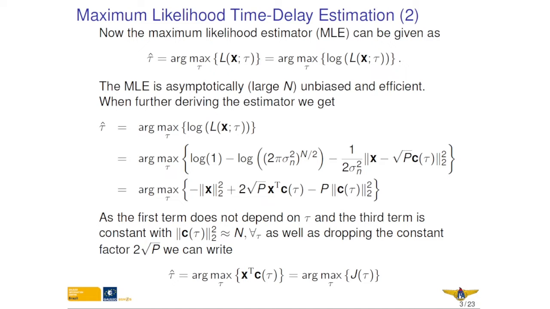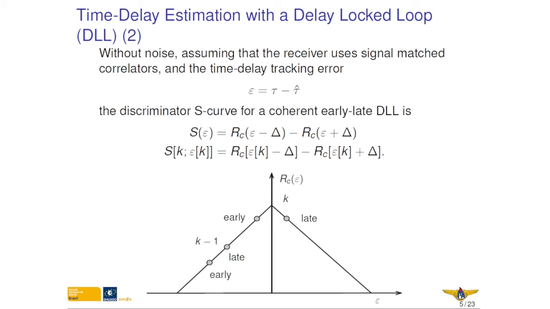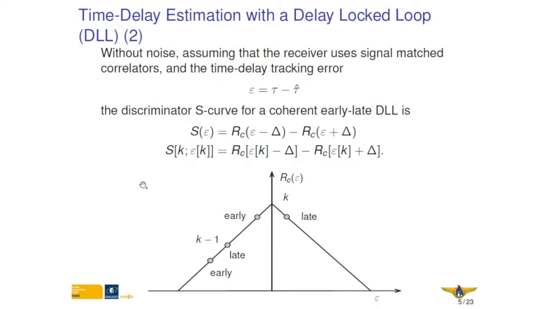If we consider that there's no noise, and assuming that the receiver uses signal matched correlators as we did before, and the definition of what is called the tracking error epsilon, which is tau minus tau hat, the so-called discriminator S curve can be given here with S of epsilon, which is then the autocorrelation function of epsilon minus delta minus the autocorrelation function of epsilon plus delta, and here we have this in the discrete form.